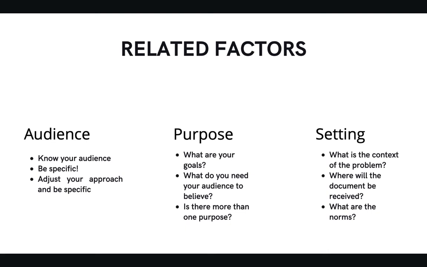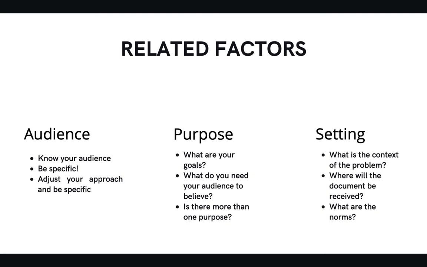That 5-paragraph essay does not work for everything. Sometimes you have just one specific thing you have to get across, and there's only one thing in that thesis, and you're going to discuss it for 5 paragraphs. So keep in mind that sort of thing too. There can be more than one purpose, and what does your audience need to know?